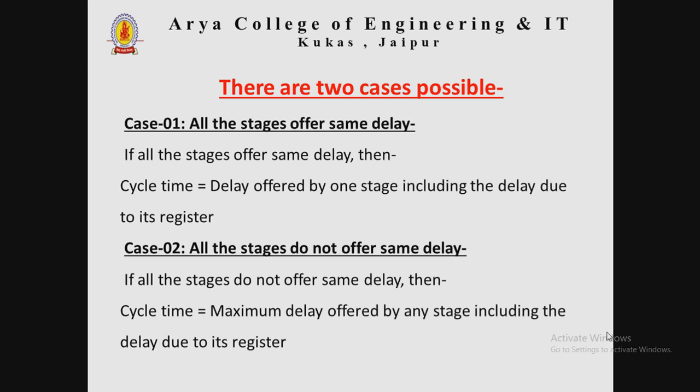In case 2, all the stages do not offer the same delay. Then the cycle time is equal to the maximum delay offered by any stage including the delay due to its register.